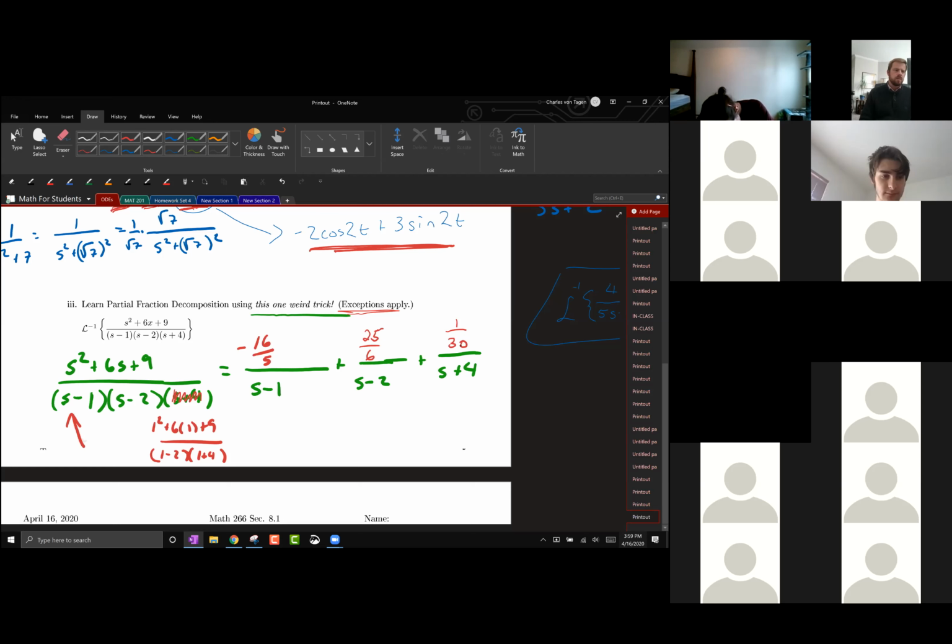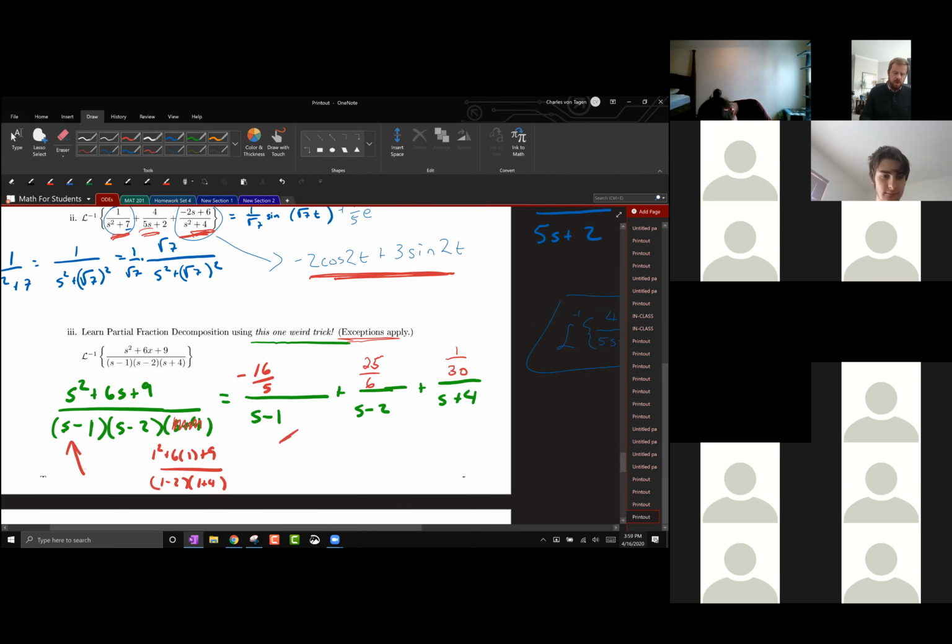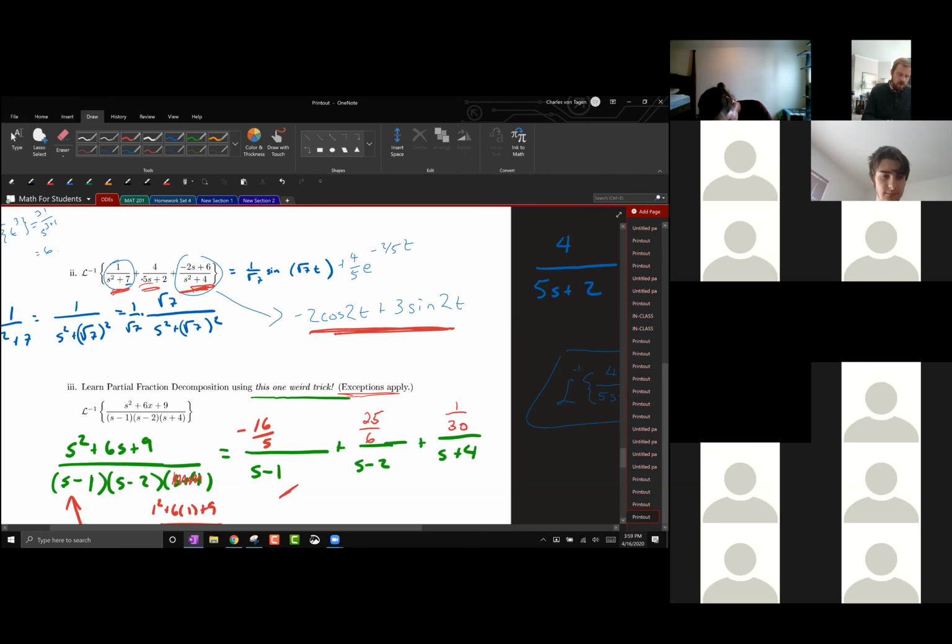But what I like about this, folks, is, again, remember, any rational function can be broken down by partial fraction decomposition down to either linears or quadratics like we had here. Any one of these large expressions that I give you, even if it doesn't factor nicely, can, by the fundamental theorem of algebra, be broken down into a sum of smaller rational functions where you've either got linears or quadratics in your denominator.